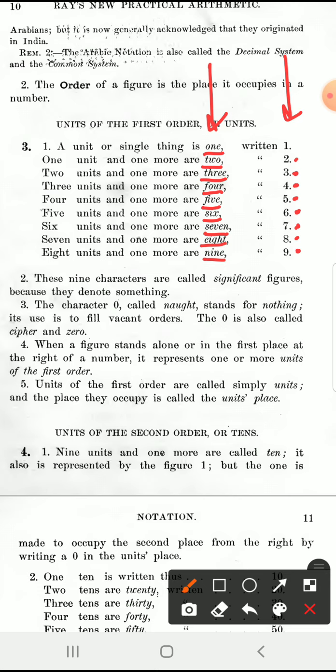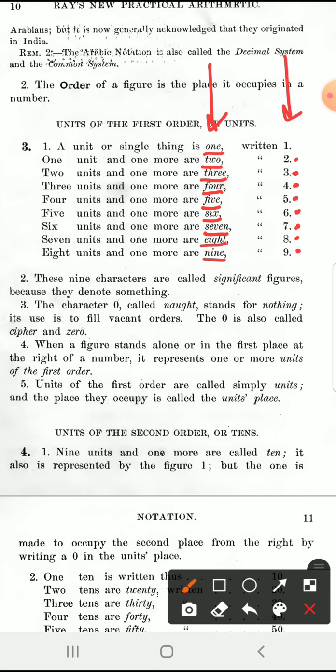Because as I said, errors in arithmetic often come from misunderstanding the simple points learned in the beginning of arithmetic. Be sure that you can name and write each name for each number and its figure in the Arabic system of notation.